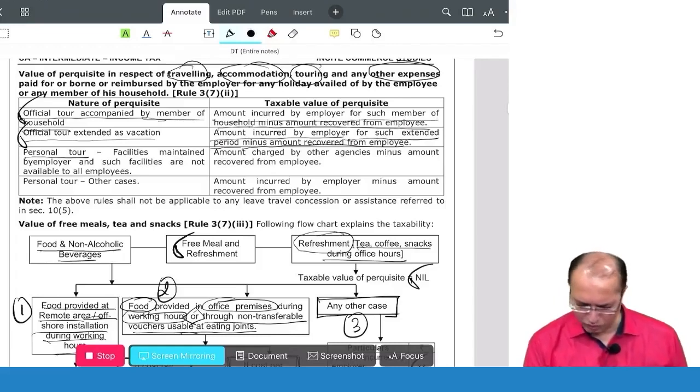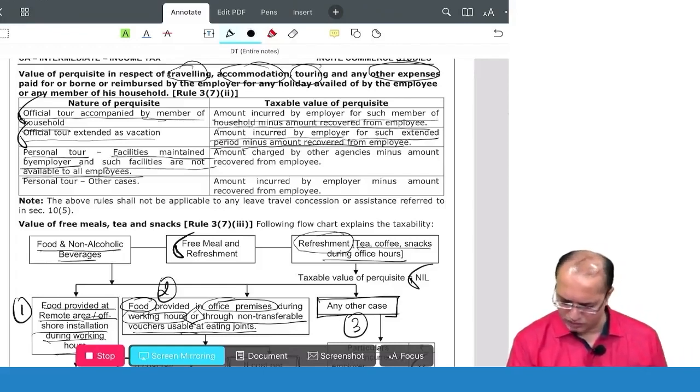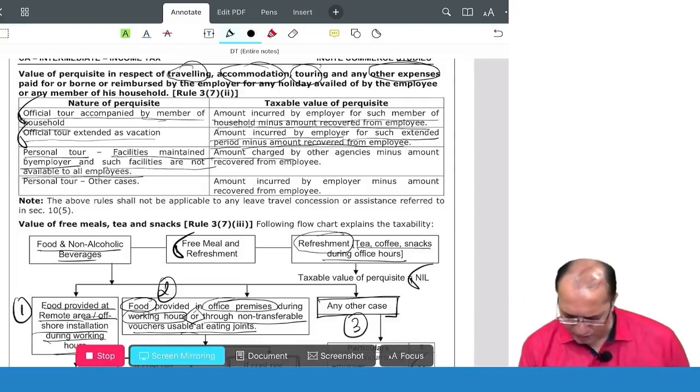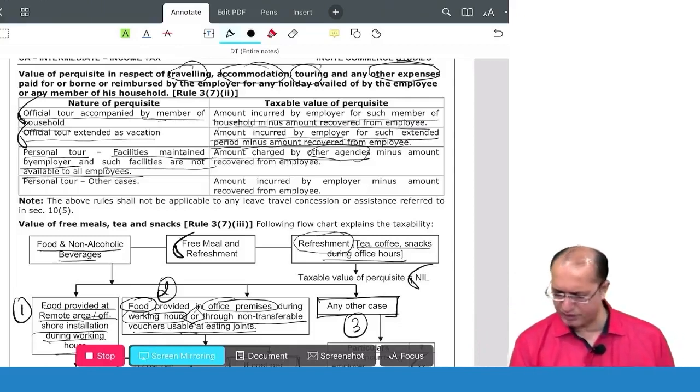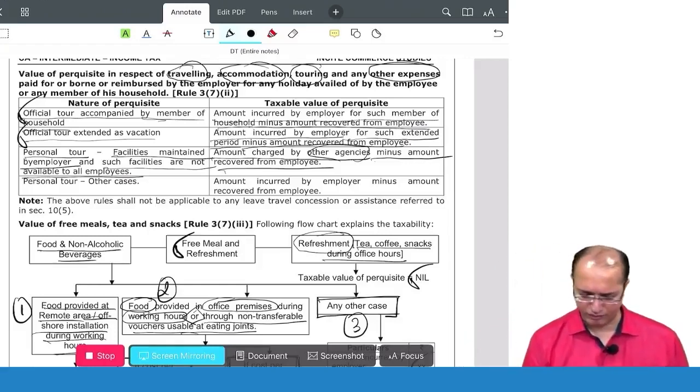The employee is on a personal tour, facilities are maintained by the employer, and such facilities are not available to all employees. In that case, what should be the perquisite value? Amount charged by other agencies, other agencies meaning other hoteliers, minus amount recovered from employee.